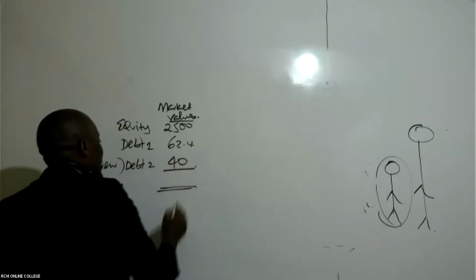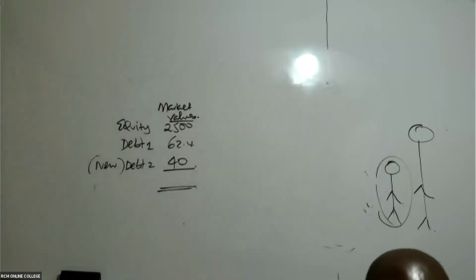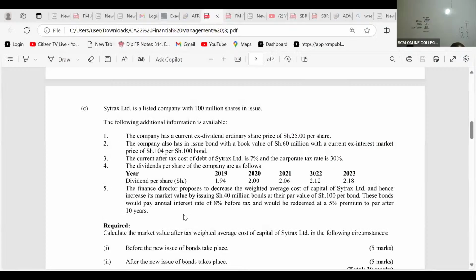Can somebody give me this total? The market value of the debt that we have just issued, by issuing a 40 million bond at its par value. So you're issuing this at par value at 40.